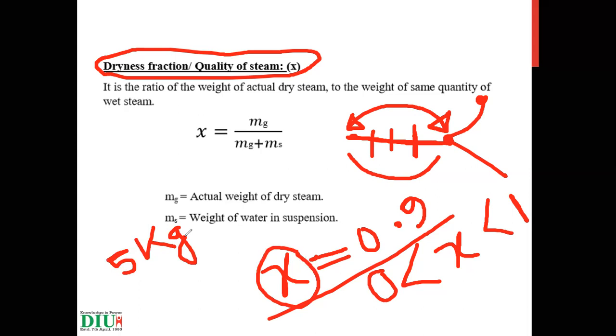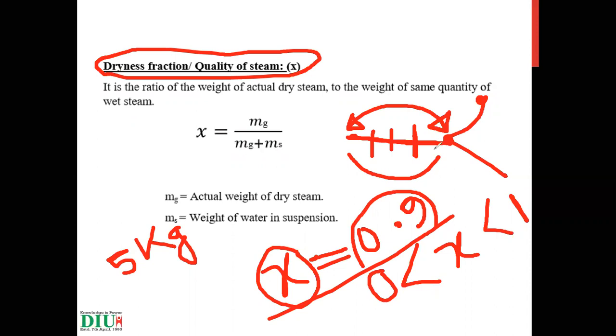So this dryness fraction gives us the concept of how much water has converted to steam. When X equals 0.9, if you multiply by 100 it will be 90, so from 100% of water, 90% has become steam.